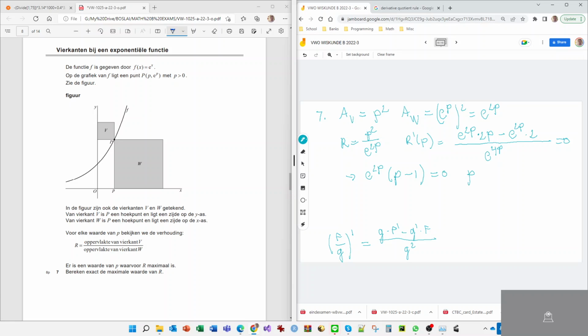So this means p has to be equal to 1. But they're asking what is the value of r, so that means r is just 1 over e squared, which is the final answer.